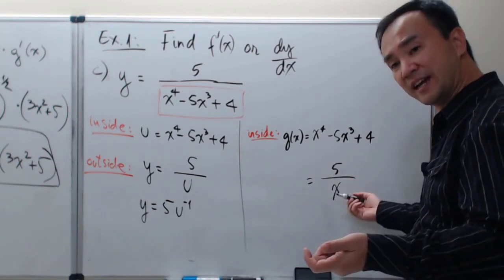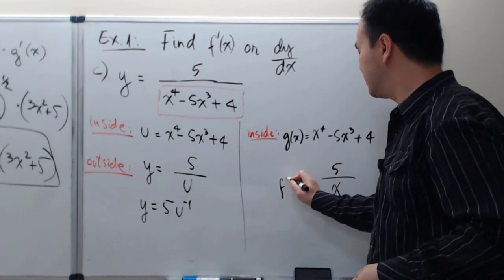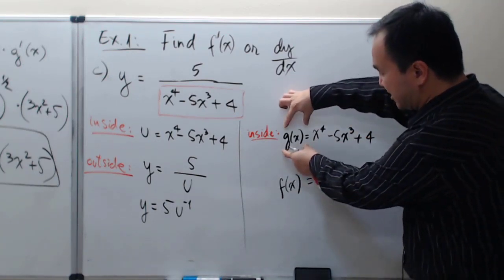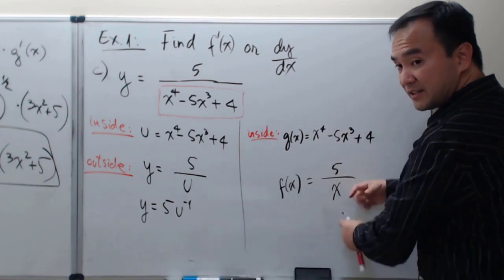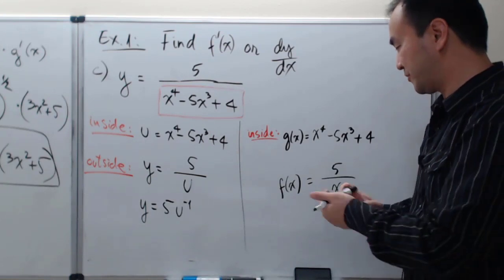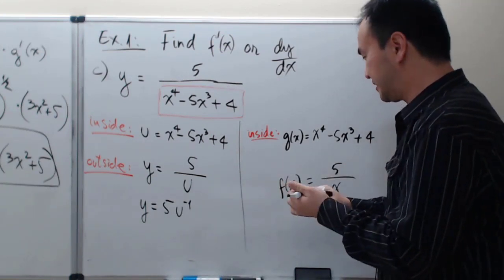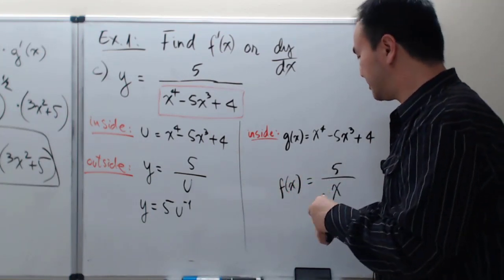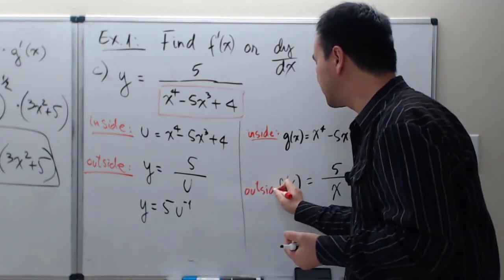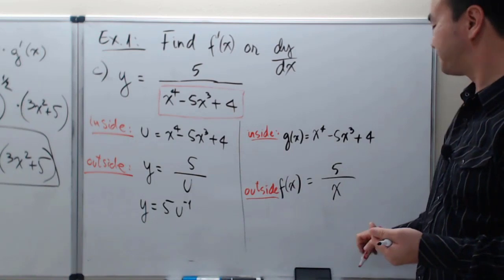Let's name it x again, but this is now f of x. If we put the entire g of x inside of that x variable in our f of x, we produce this overall function. So this f of x is our outside function.